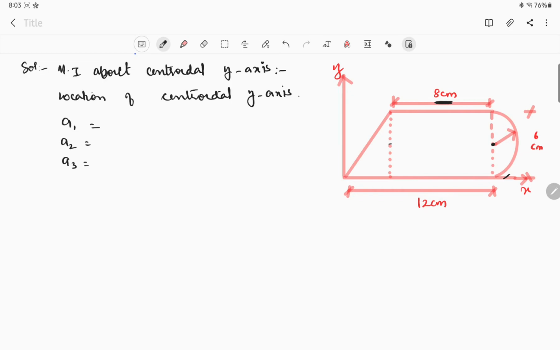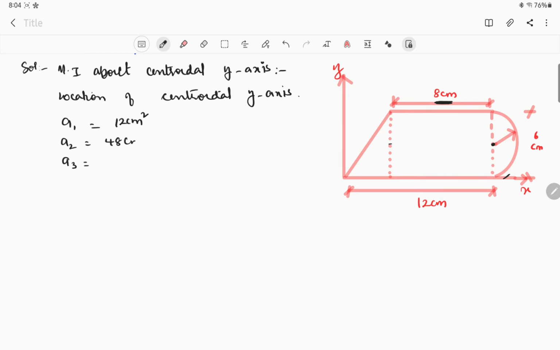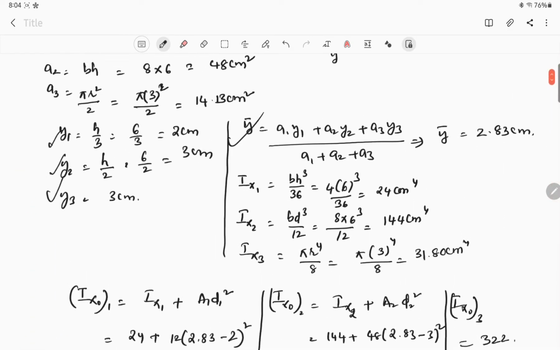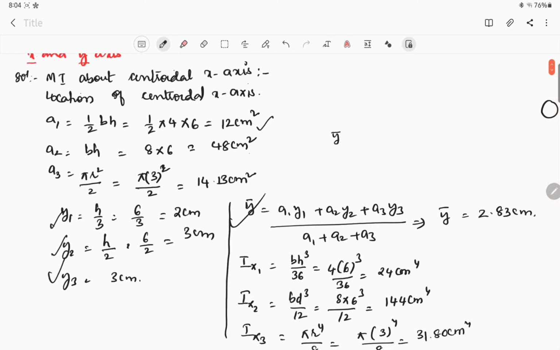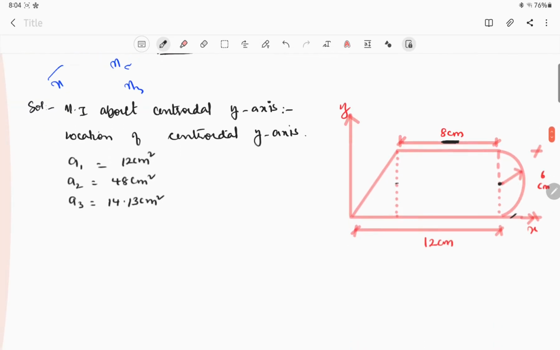We have a1 as 12 centimeter square, a2 as 48 centimeter square and a3 as 14.13 centimeter square. These values we have already calculated.